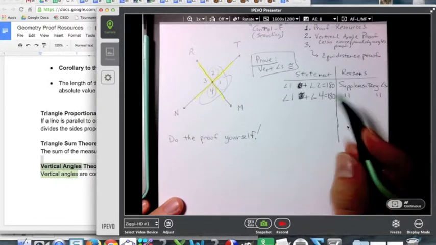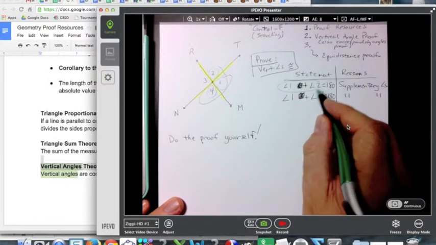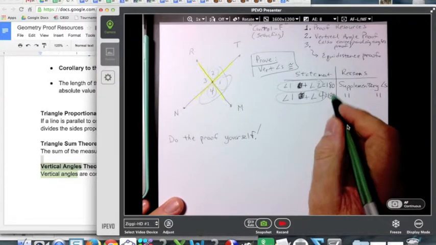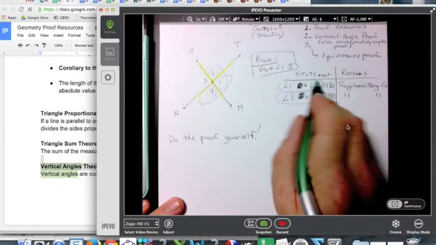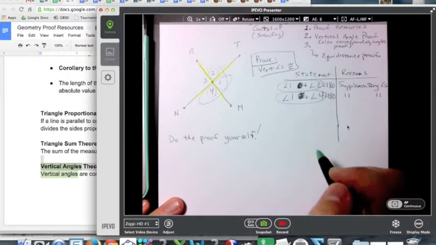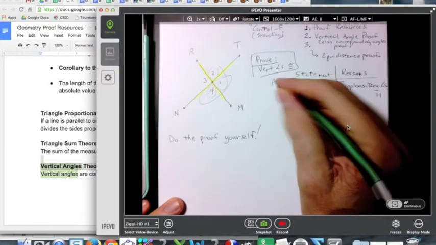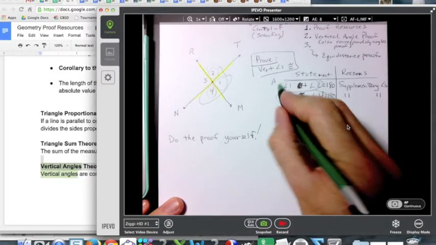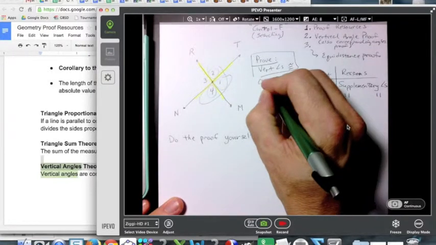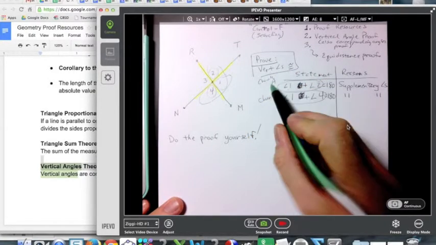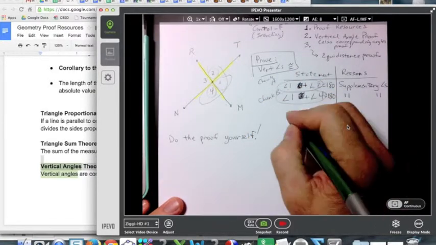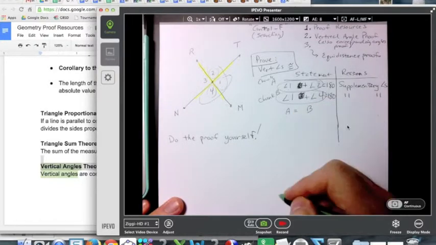This is important because now we have two different things, both equal to 180. This whole chunk equals 180, and this whole chunk equals 180. We'll call this chunk A and this chunk B. If A equals 180 and B equals 180, A must equal B, right?